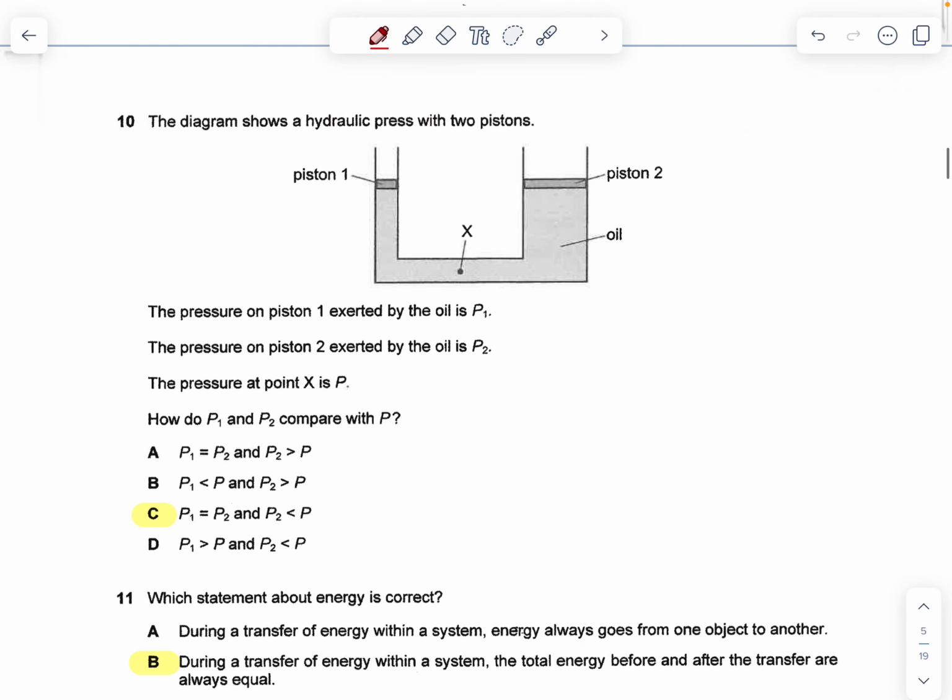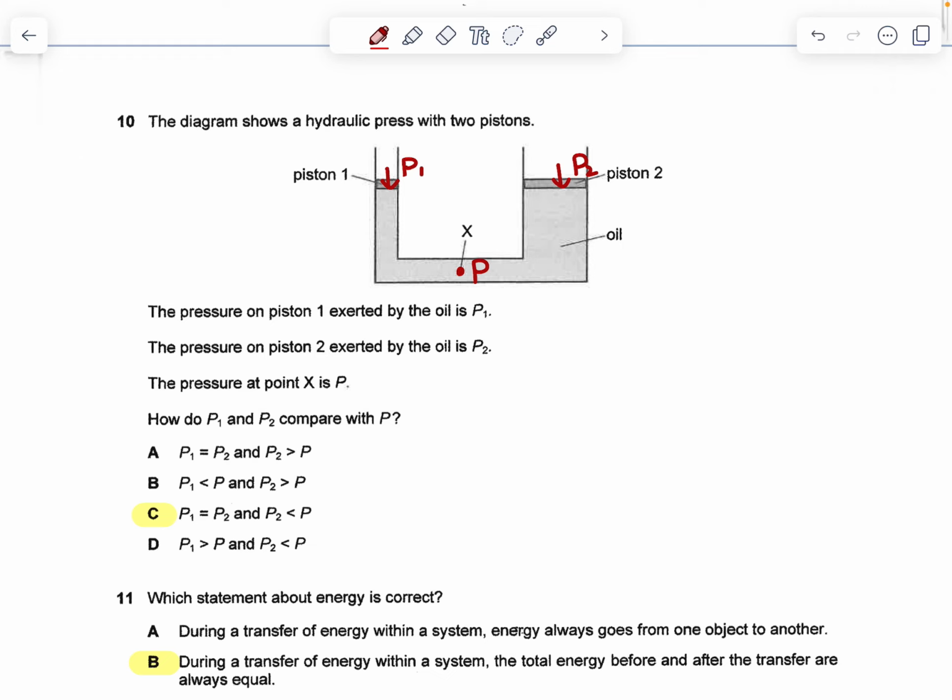Question 10. The diagram shows a hydraulic press with two pistons. The pressure on piston 1 exerted by the oil is P1. The pressure on piston 2 exerted by the oil is P2. The pressure at point X is P. How do P1, P2 compare with P?